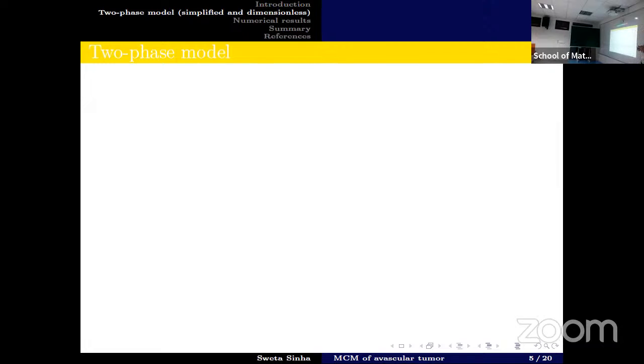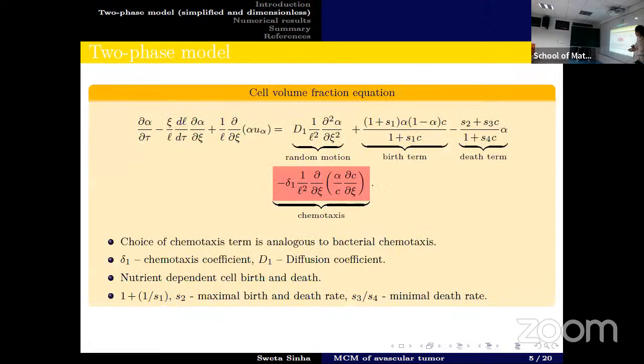The first variable is the alpha volume fraction equation. The volume fraction equation is presented in this way. On the right hand side, the first term denotes the random motion, that is the undirected motion of the tumor cell. These two are the birth and death terms of the tumor cell regulated by the nutrients.